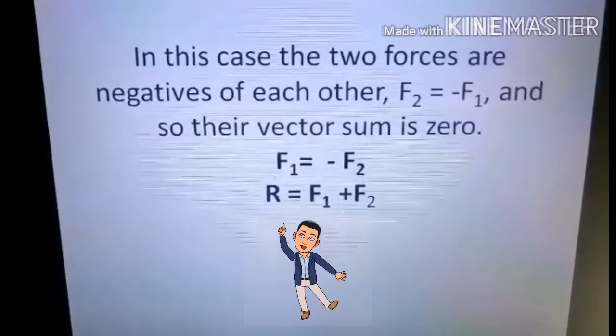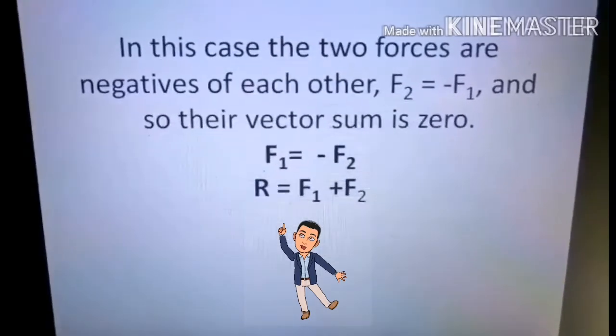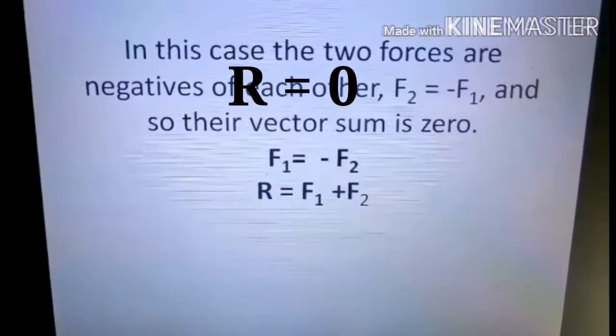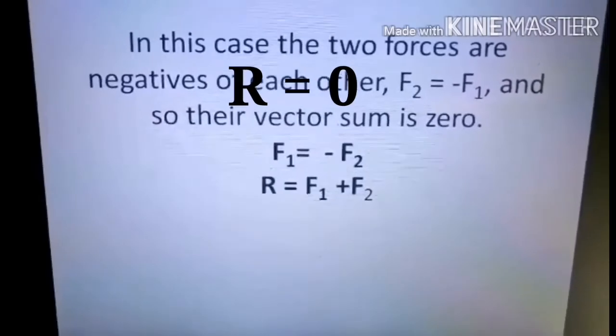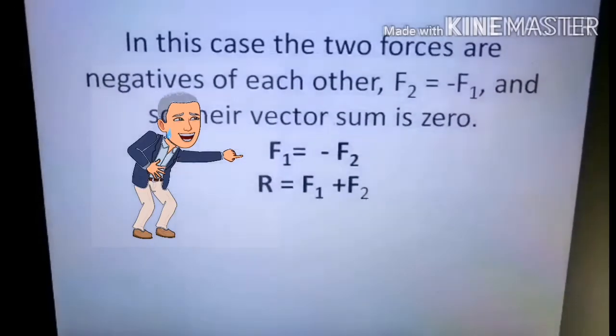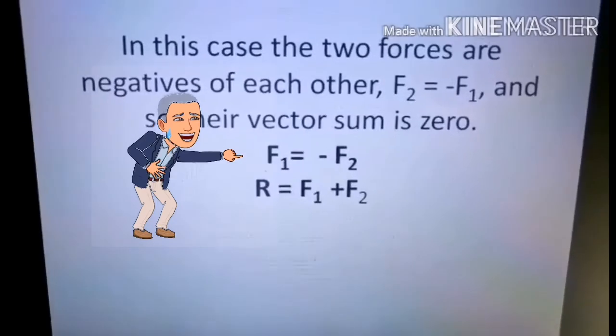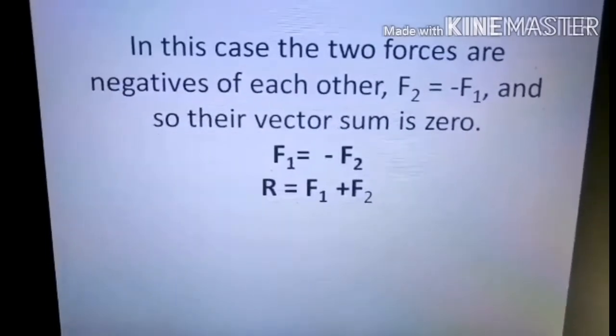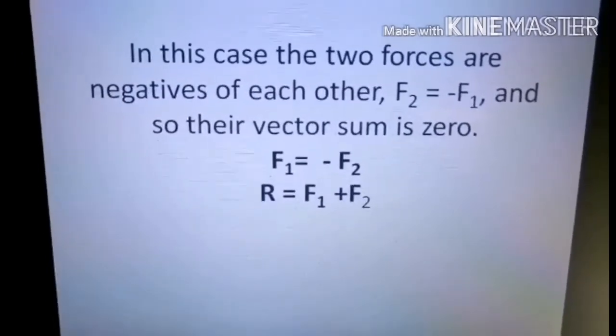F2 is equal to negative F1, and so their vector sum is equal to 0. F1 is equal to negative F2, so the resultant of the vectors is F1 plus F2. In short, the two forces are equal in magnitude and opposite in direction, or negative of the other.